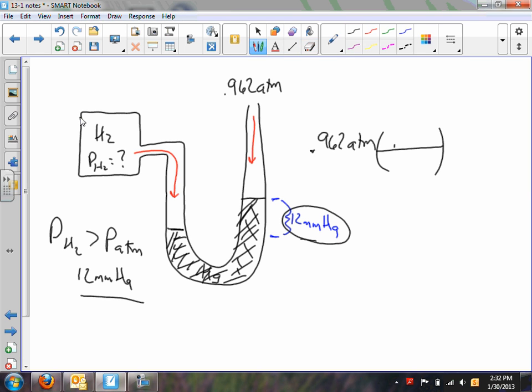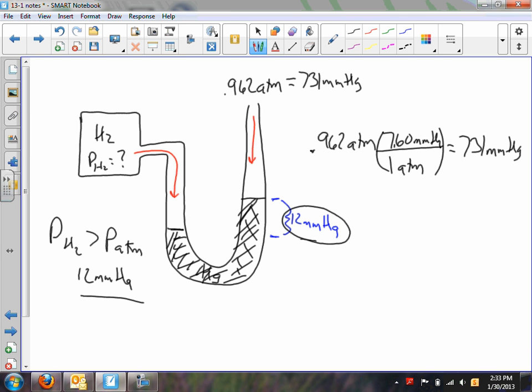Well, 1 atmosphere of pressure is the same thing as 760 millimeters of mercury. So if you multiply your 0.962 times 760, you end up getting 731 millimeters of mercury. So this 0.962 is the same thing as 731 millimeters of mercury.